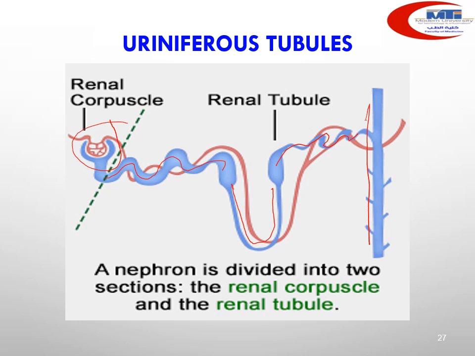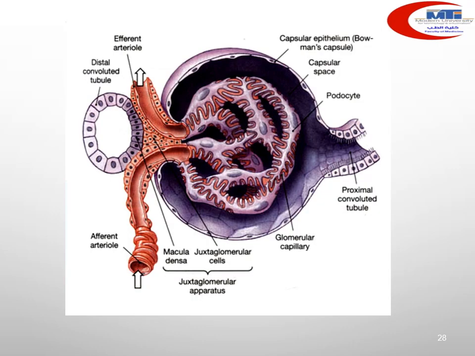So the nephron is divided into renal corpuscle and renal tubule. Here again, as you can see in this slide, the vessel through which the blood enters is called the afferent arteriole, and the vessel from which the blood exits is called the efferent arteriole.